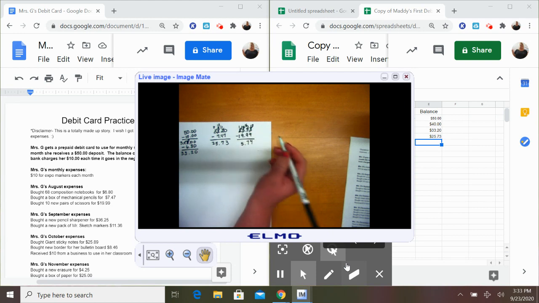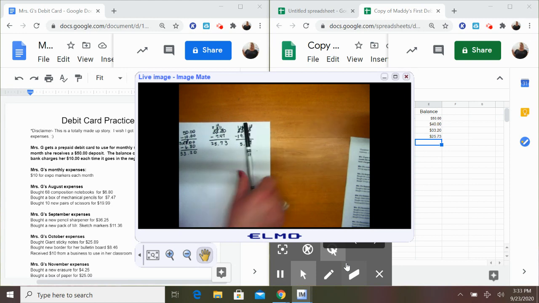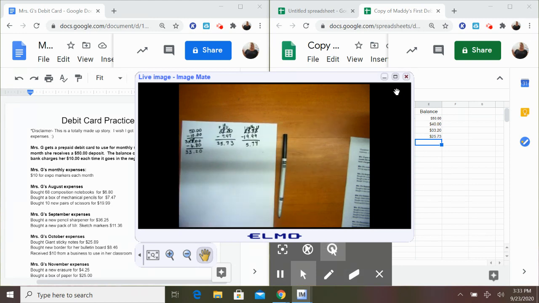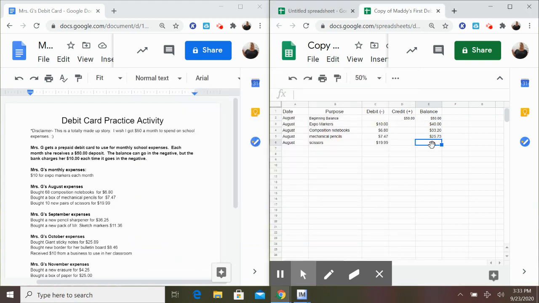And 1 minus 1 is 0. So I'm left with $5.74. Ooh, I got pretty low that month, didn't I? Okay, that was all of my expenses for August.